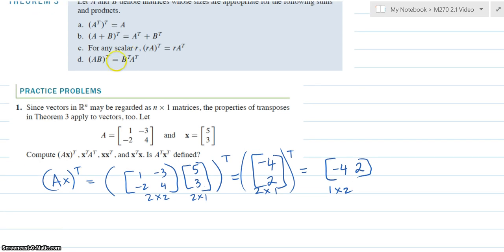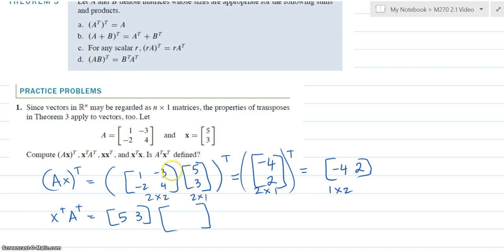Okay, so let's see if we take X transpose and A transpose, which is what the theorem says, if we get the same thing. So what is X transpose? X transpose would be 5, 3. The transpose first, and we're going to flip the order. A transpose, what is that?